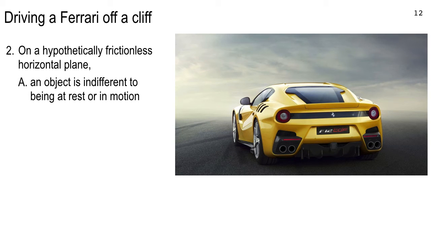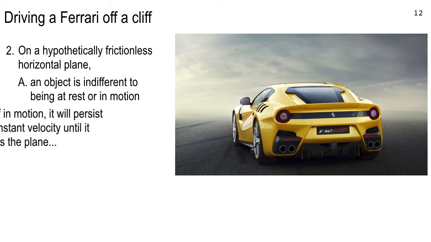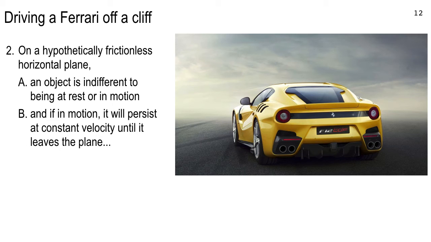On that frictionless plane, flat, horizontal, so it's not going downhill, it's not going uphill, an object is indifferent to being at rest or in a state of motion. In other words, if it's in motion, it'll persist at constant velocity. It doesn't care. It'll just keep going, cooking along until it leaves the plane.